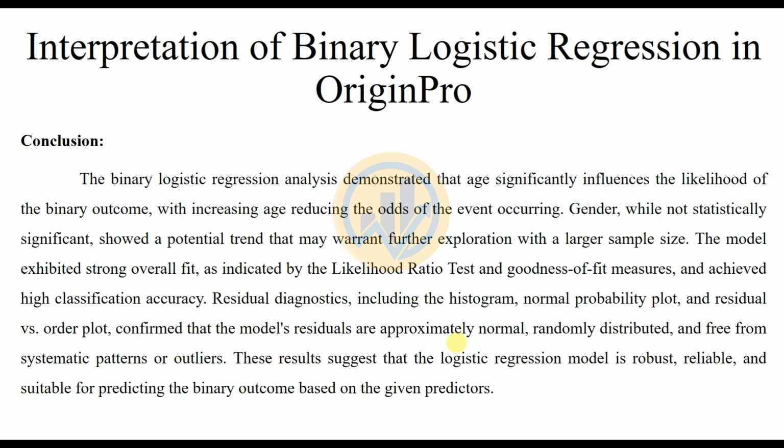The residual diagnostics, including the histogram, normal probability plot, and residual order plot, confirmed that the model's residuals are approximately normally and randomly distributed and free from systematic patterns or outliers. These results suggest that the logistic regression model is robust, reliable, and suitable for predicting the binary outcome based on the given predictors. This is the interpretation of binary logistic regression in OriginPro.